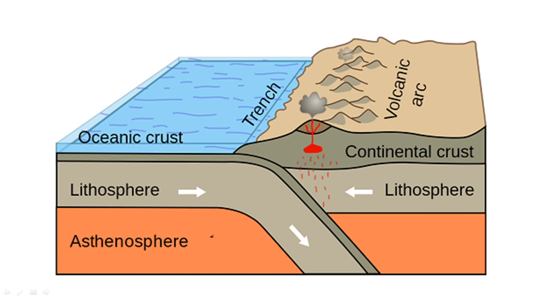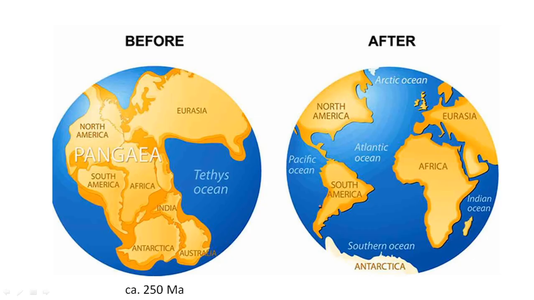So just to know that the tectonic plates are made by crust and the upper part of the mantle. And as you know, these tectonic plates have moved during the ages, and around 250 million years ago, all continents were together in a single continent, which is called Pangaea.